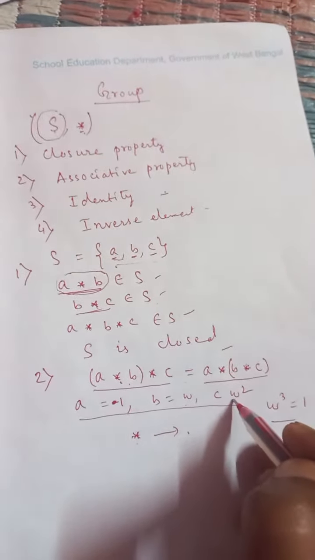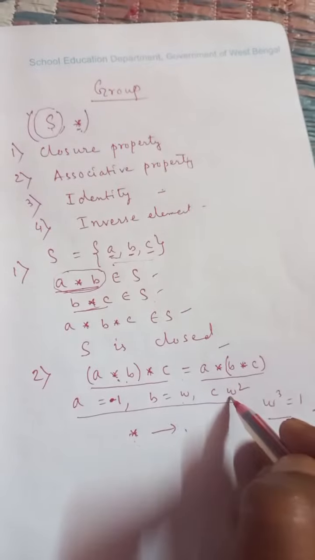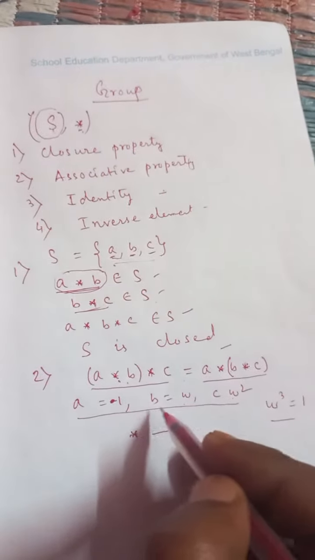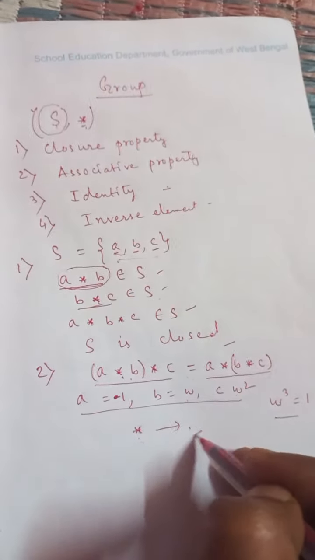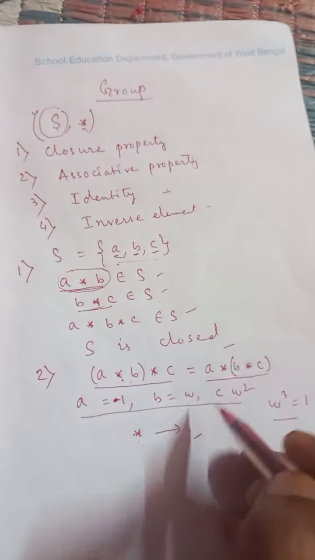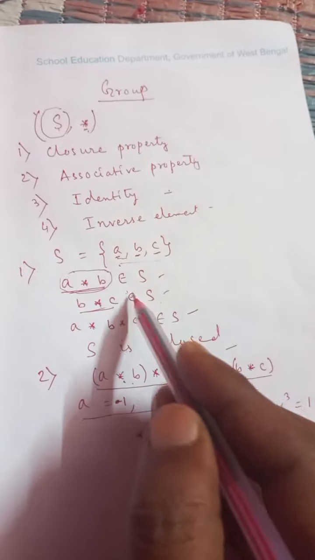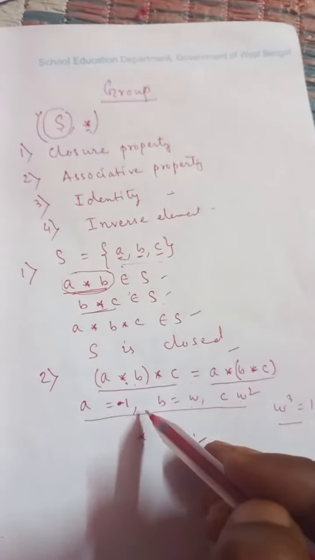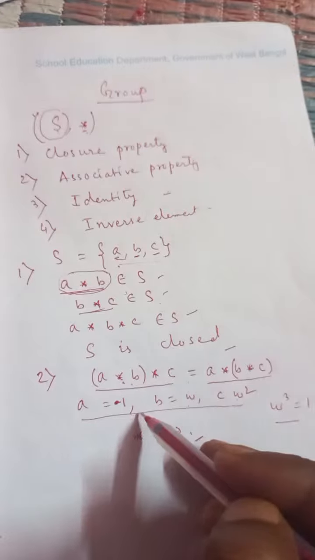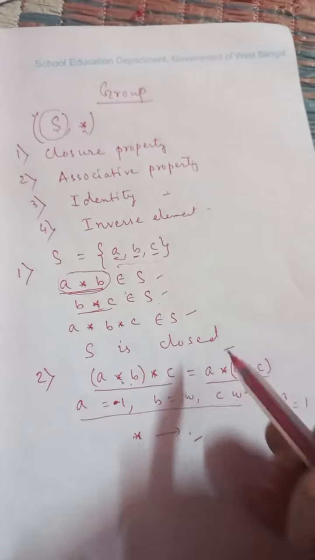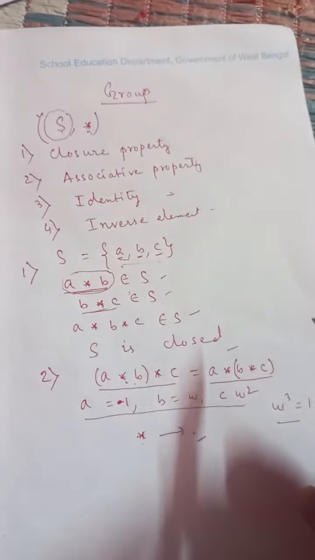We can also find that it is closed. So the set generated by 1, omega, omega square is closed and associative.